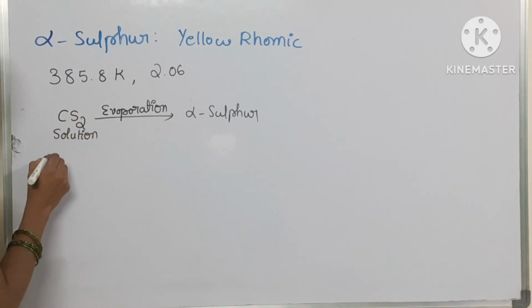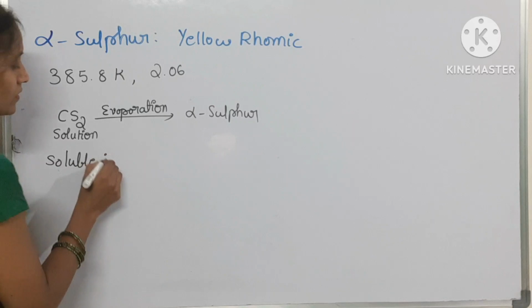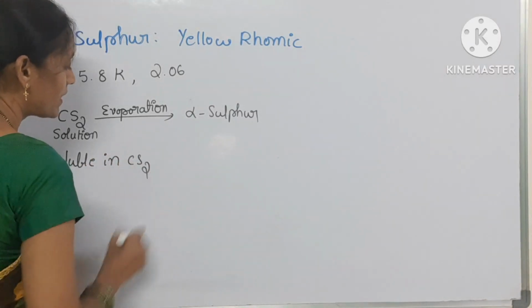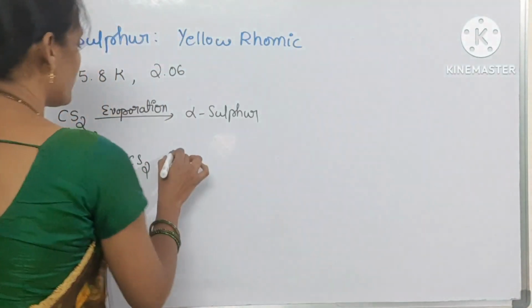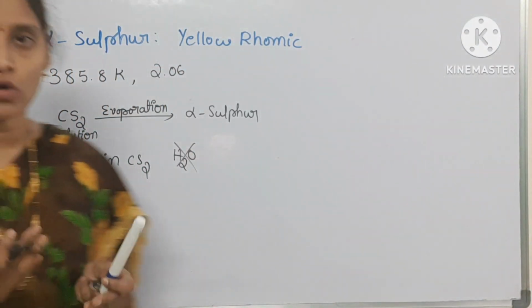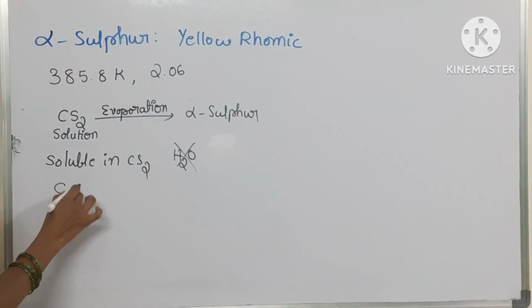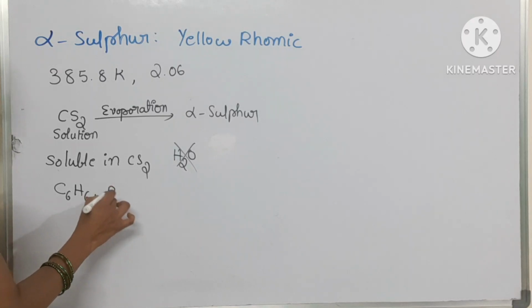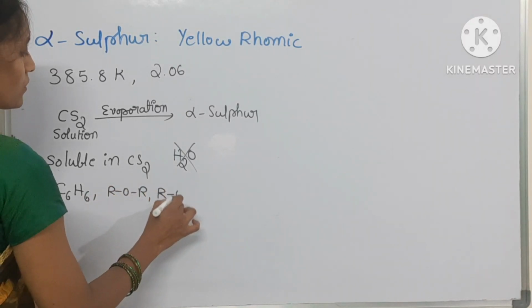It is soluble in CS2 carbon disulfide, insoluble in water. It is insoluble in water, and sparingly soluble in some organic solvents like benzene C6H6, ether ROR, and alcohol ROH.